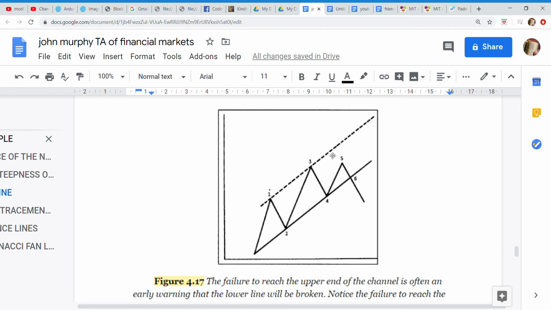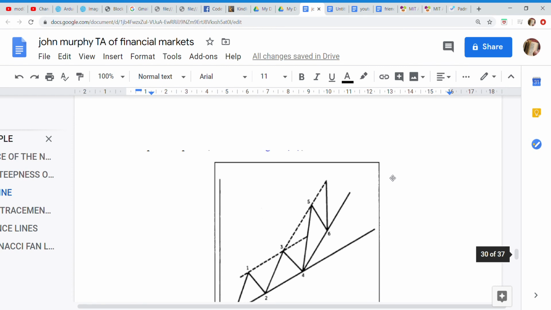After point 3, the price should touch here at point 5, but it is not touching here, so it is breaking. So this is an early indication that it will break this trend line at point 6.